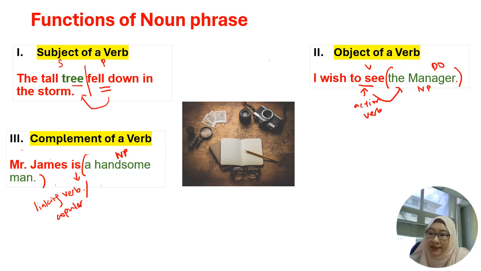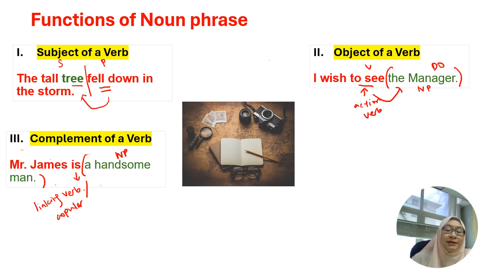So it's different. If there's an action verb there, therefore the noun phrase that follows after the action verb is known as the direct or indirect object, so object of the verb.